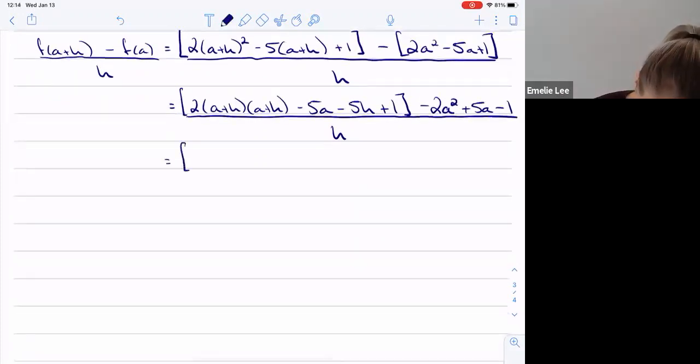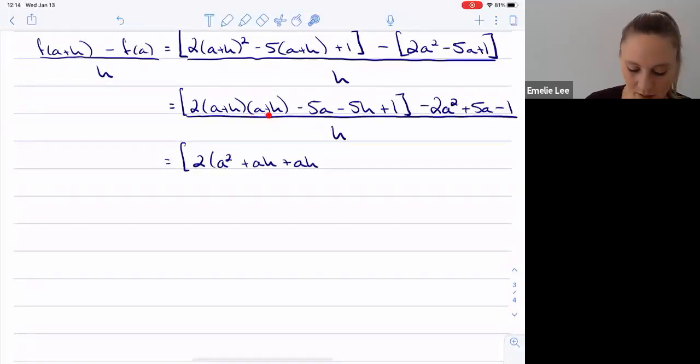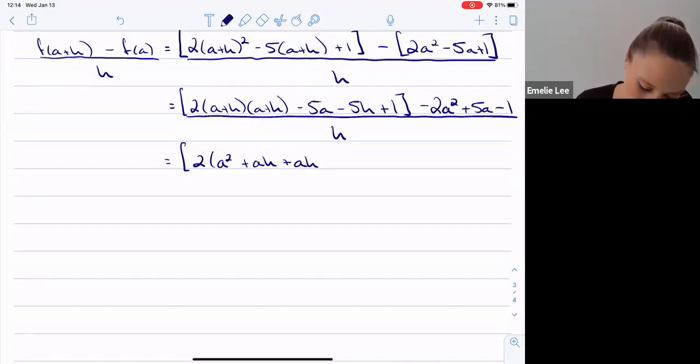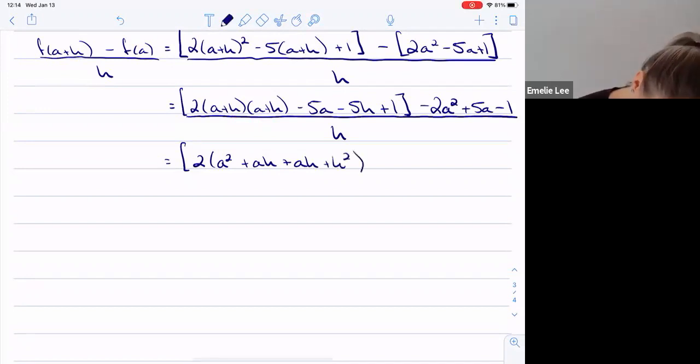All right, so I've got 2 times a is a squared plus a times h is plus ah plus ah again. Even though it becomes ha, I'm just switcherooing them so I can collect like terms. Plus h squared minus 5a minus 5h plus 1.